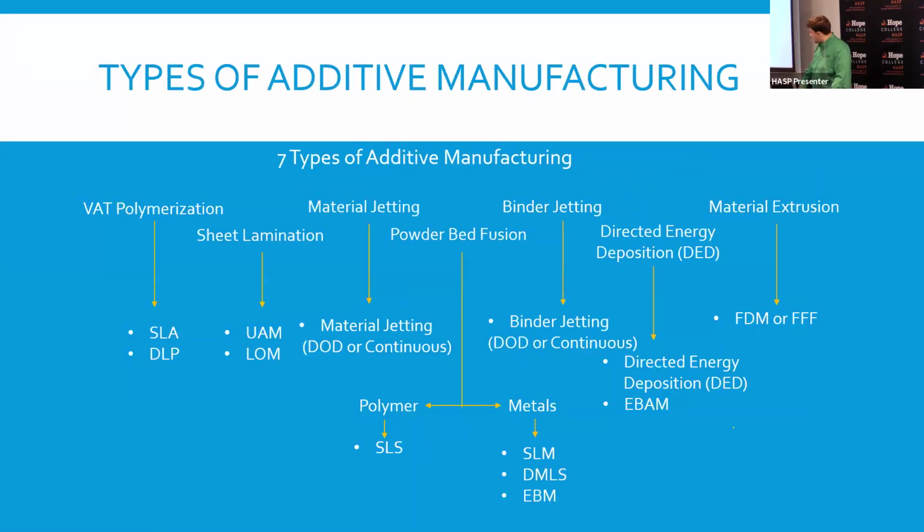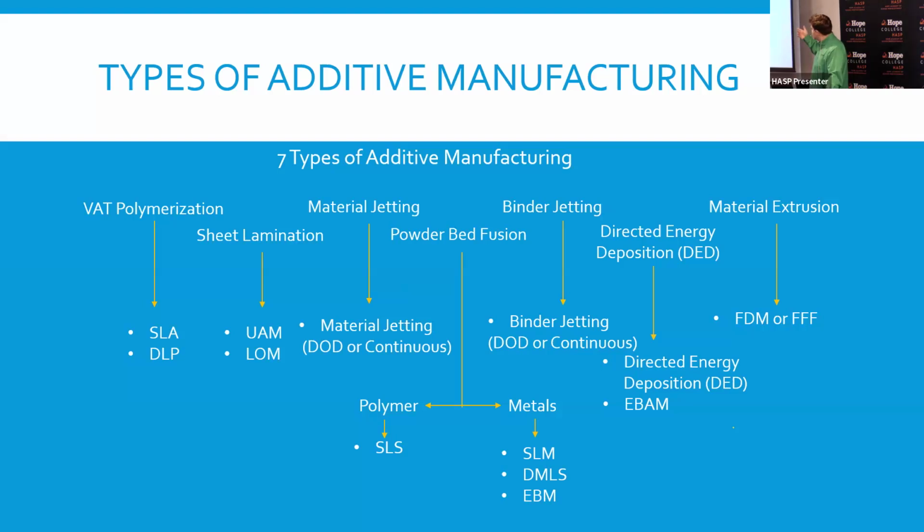Moving on, I'm going to get into the types of additive manufacturing. So 7 types. You have your vat photopolymerization or vat polymerization, which is your SLA and DLP. We'll get into the acronyms a little bit later in the presentation, guys. But for now, this is kind of how people refer to them.